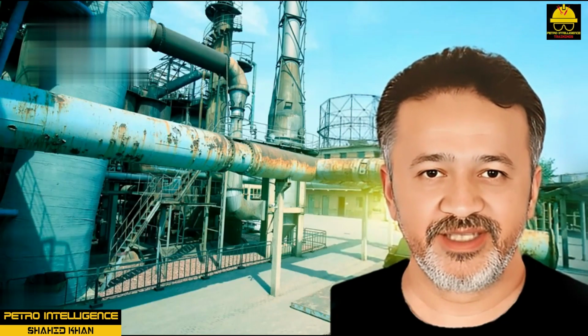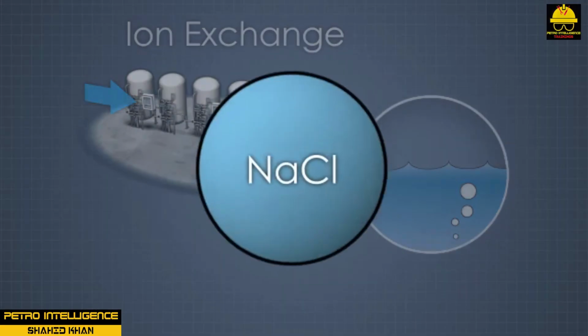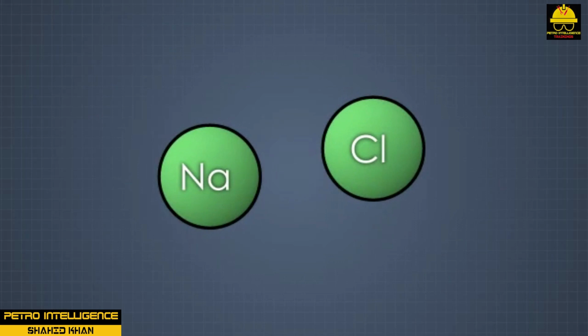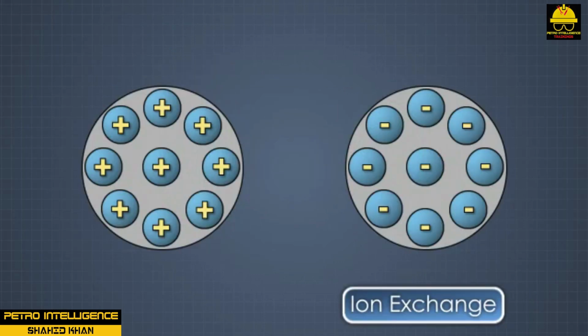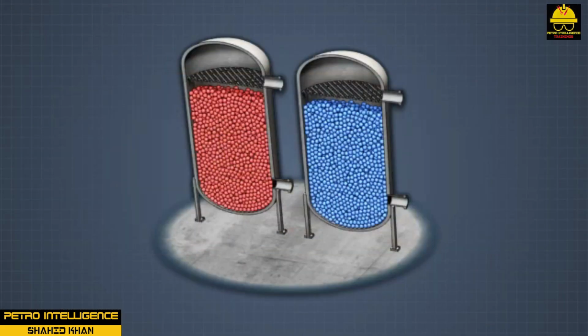Ion exchange process, demineralization. Ion exchange resins are used to remove electrically charged particles or ions from water. When minerals are dissolved in water, they form ions. Ionic resins come in two types: anion, negatively charged ions, and cation, positively charged ions. Anion resins react with negatively charged ions such as sulfate.